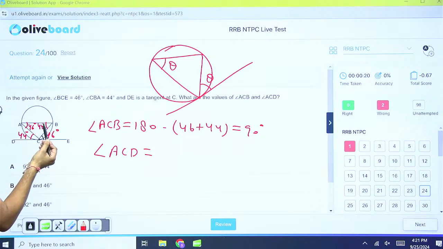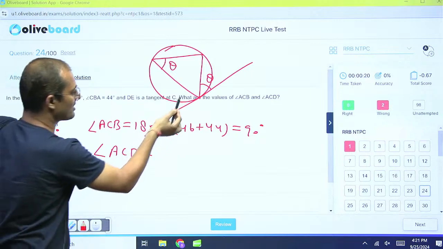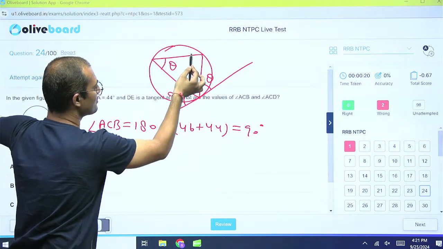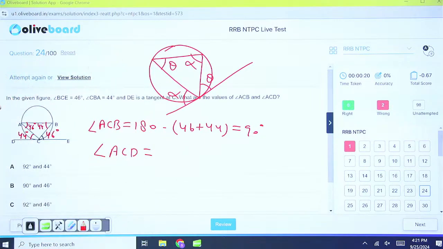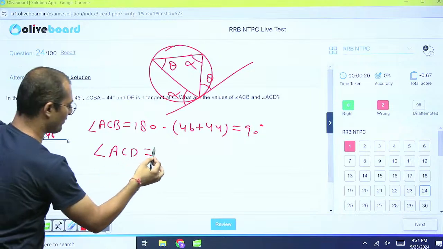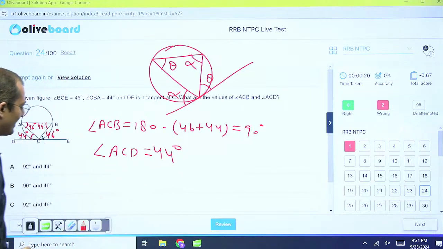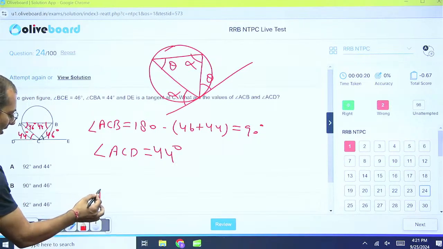So this angle is alpha, so this would also be alpha. Is this clear? So this would be equal to 44 degrees. So we can say that the answer would be 90 degrees and 44 degrees. Option D is the right answer.